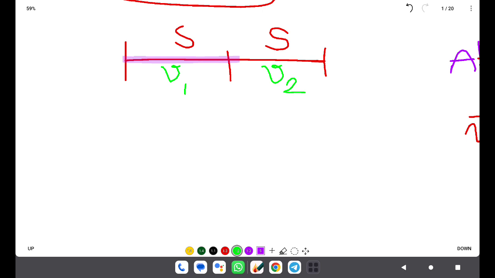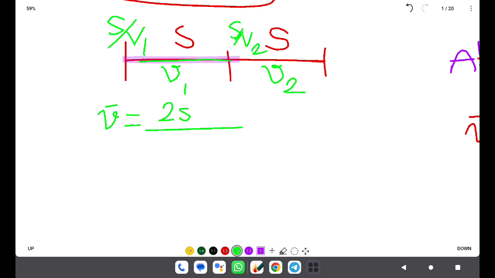Average velocity is equal to total distance by total time taken. Total distance is s plus s, that is 2s, by total time. For this, time is distance by velocity, so s by v1, and for this, time is s by v2. So this is t1, this is t2. Now put the values here: t1 plus t2 is s by v1 plus s by v2.